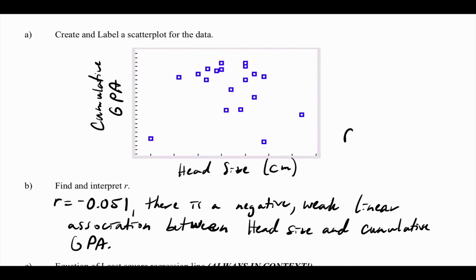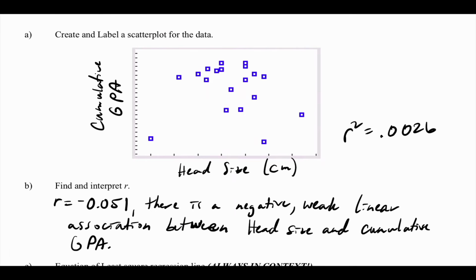So if I were to find R squared here, let's see what I would get. 0.0026. That's not even 1%. That's less than 1%.